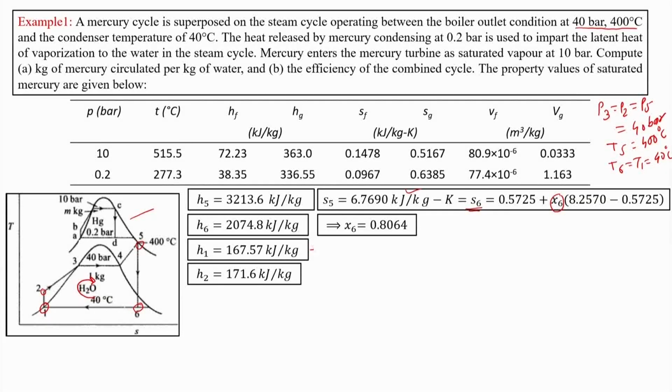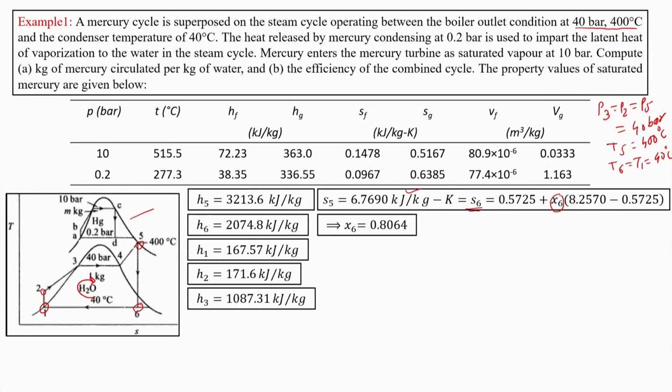So H2 is equal to H1 plus the pump work, and pump work is V1 into delta P. Delta P is the pressure difference between P2 and P1. P2 pressure is 40 bar, and P1 pressure is the saturation pressure corresponding to 40 degrees Celsius. So this turns out to be 171.6 kilojoule per kg.